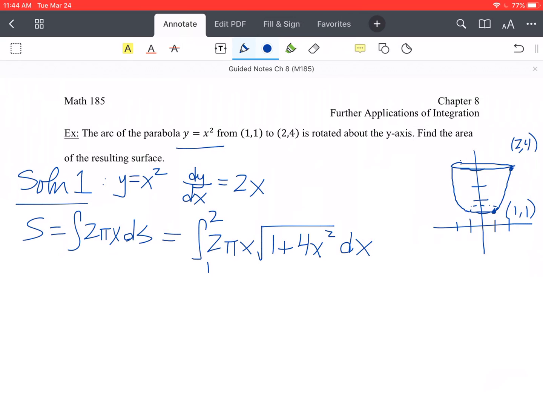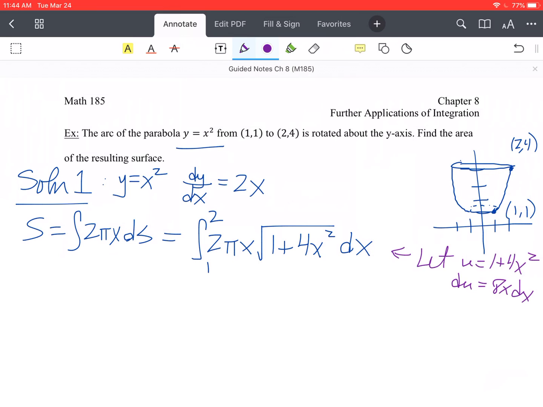And now at this point, it just becomes an exercise in integration. So to do this integral, we are going to use a u-substitution. So we're going to let u equal 1 plus 4x squared, and then du is going to be 8x dx.